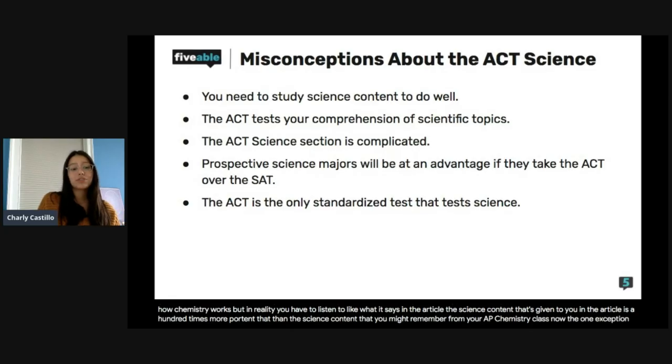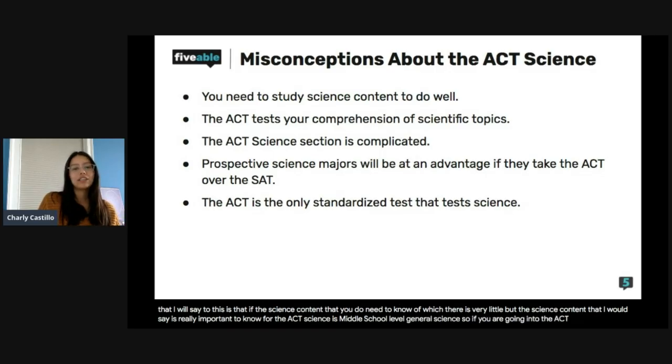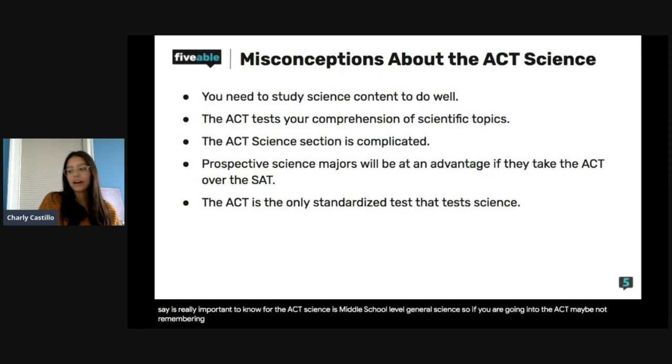Now, the one exception that I will say to this is the science content that you do need to know, of which there is very little. The science content that I would say is really important to know for the ACT science is middle school level general science. So if you are going into the ACT not remembering how genes work, like what dominant or recessive traits are, or at least know what they are.